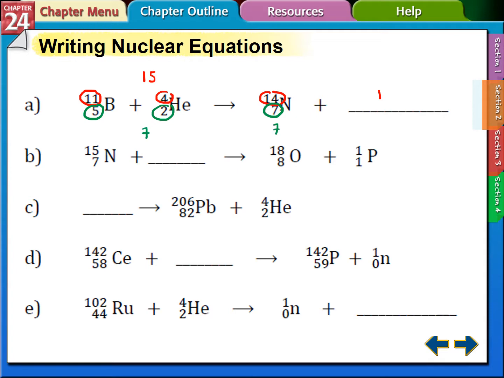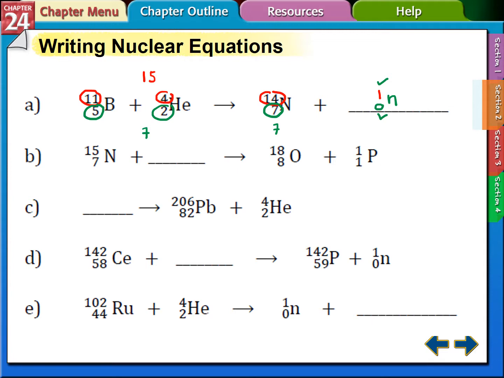Therefore, the atomic number of this particle is 0. And a particle that has a mass number of 1 with a charge of 0 is a neutron. So to complete this equation, the particle that we should add is a neutron.